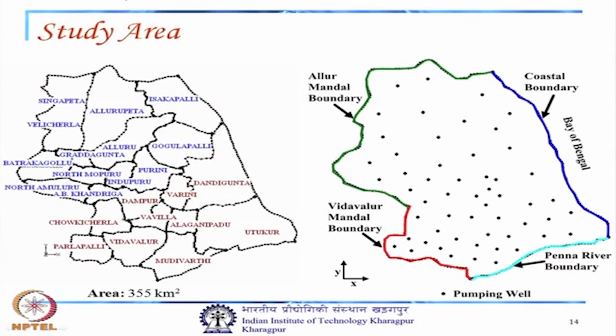So, this is the study area and total area is 355 kilometer square. This is the boundary between Alur and Vidavalur.